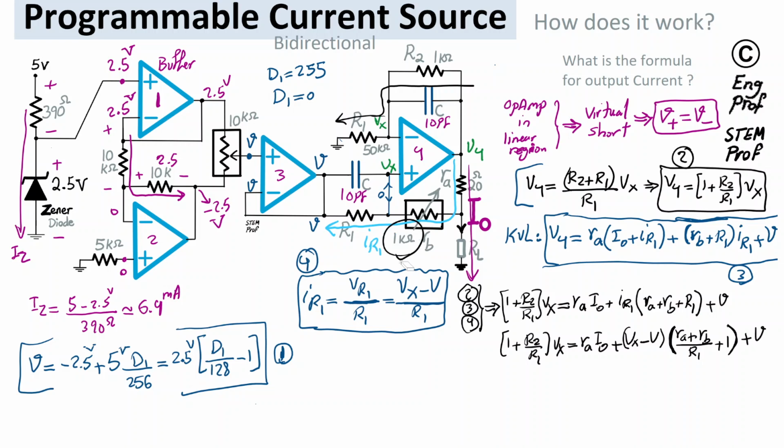So it's a 1 kilo ohm that we can control accurately with steps of 256. So I'm going to write it here.